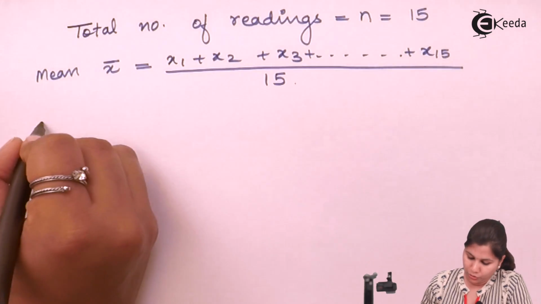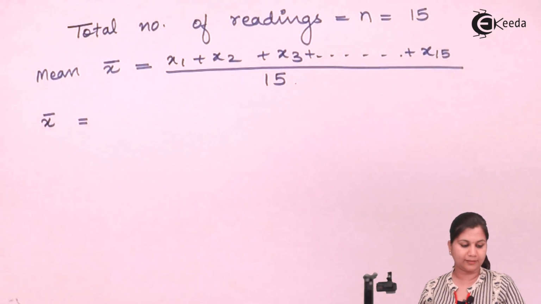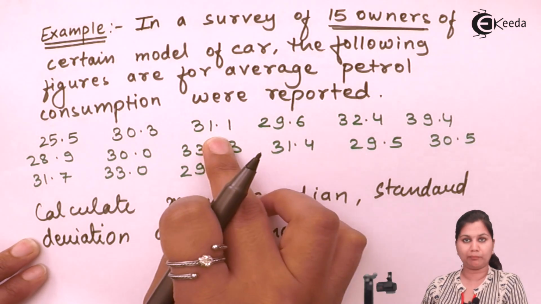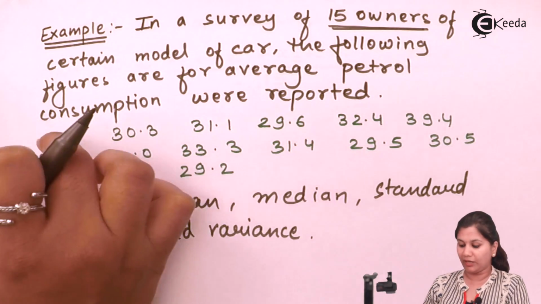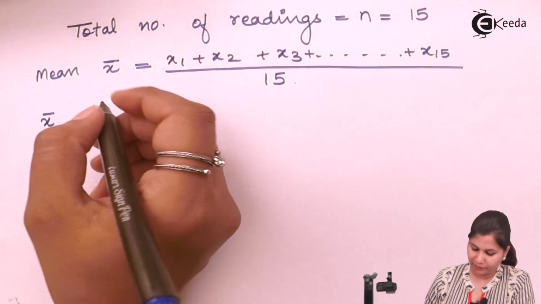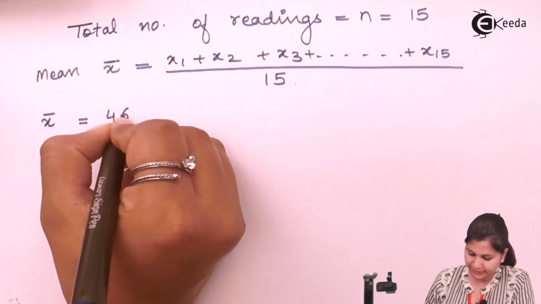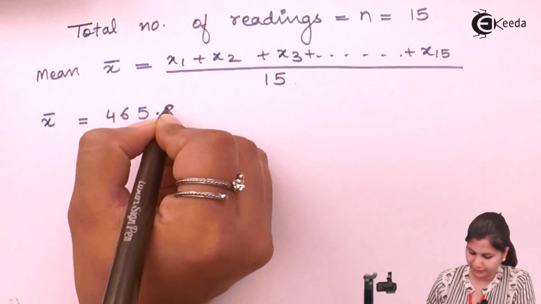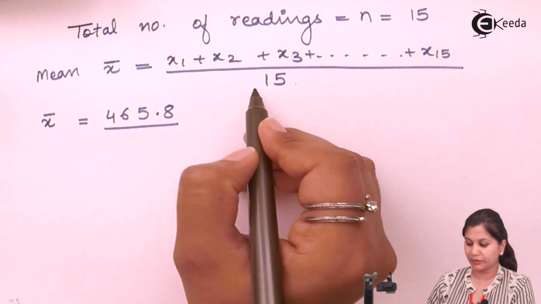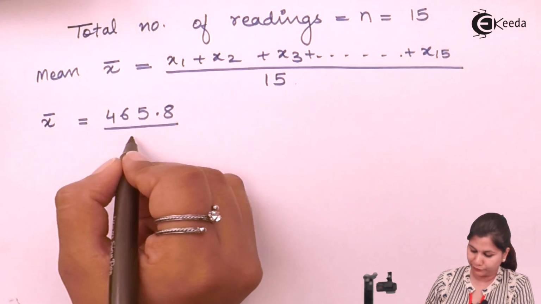So if we add all these terms, 25.5, 30.3, 31.1, 29.6, and so on, we get the value 465.8. Then divide the sum by the total number of readings, 15.